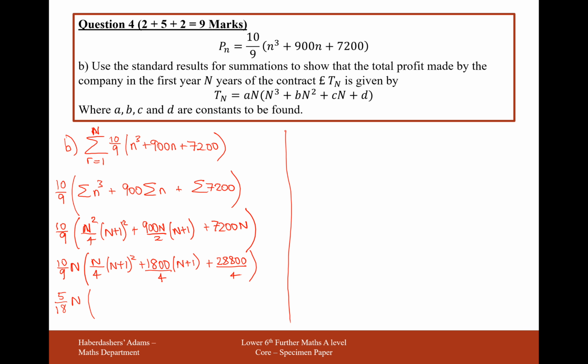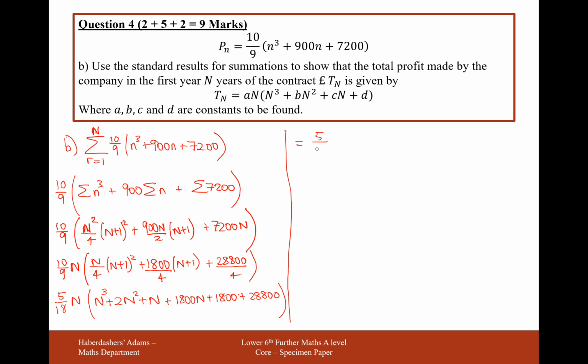Capital N, and now is where we'll probably expand and cancel out a bit later. So N cubed plus 2N squared plus N, expanding that first bit, plus 1,800N plus 1,800 plus 28,800. I doubt this last bit's going to factorise nicely for us.